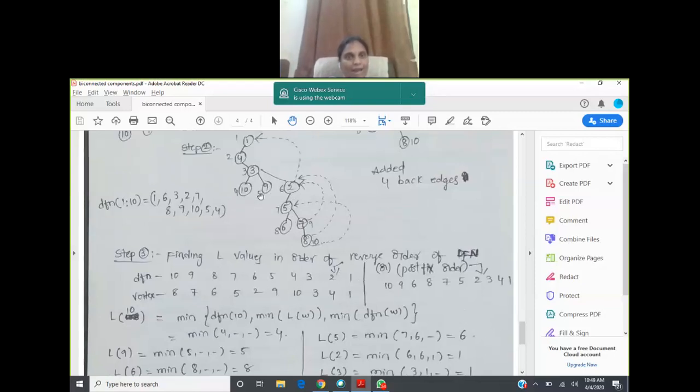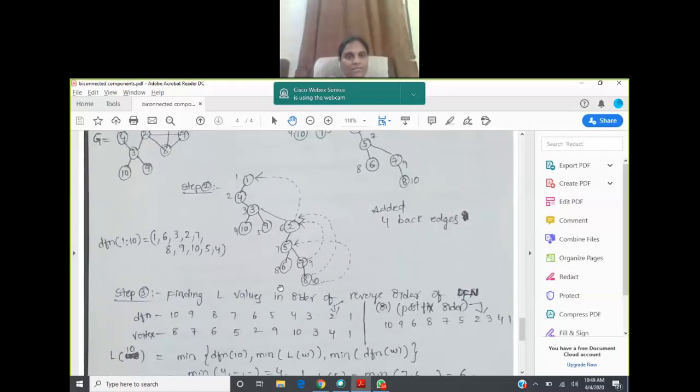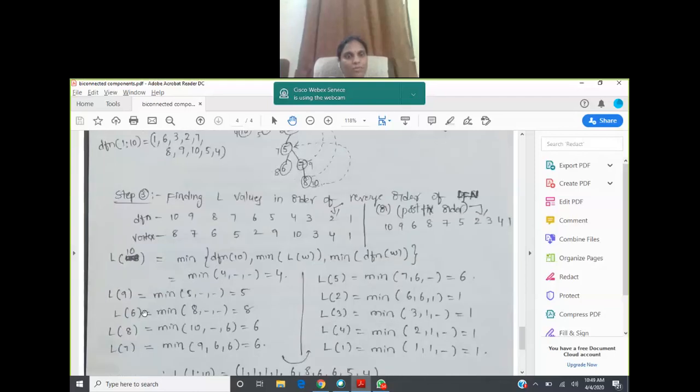There is no back edge from vertex 9, so keep it empty. Therefore, the minimum of 5 and empty is equal to 5. Next, we will find the L value for 6. The DFN for 6 is 8. Is there any child node for vertex 6? No child node, and there is no back edge from vertex 6. So the L value for 6 is 8.